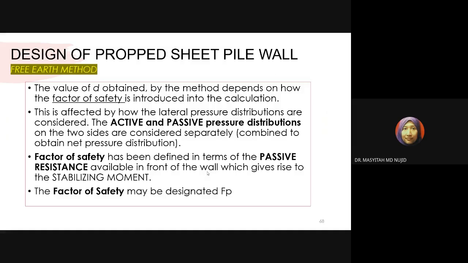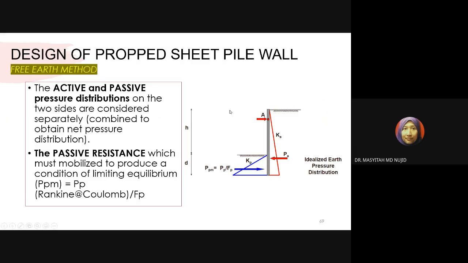The factor of safety may be denoted Fp. So to find D, the embedment depth, we take the factor of safety Fp. The permissible passive pressure Ppm is equal to the passive pressure over the factor of safety Fp.